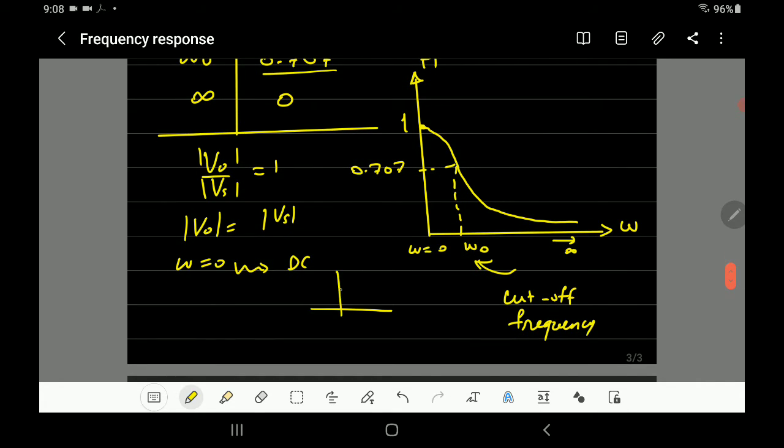So if you have an input equal to 12 volts, the output will be the same, 12 volts. So this circuit will allow DC to pass through and no attenuation happens to the amplitude. Great. And every time you have a signal with frequency higher than DC, the amplitude starts to decrease till you reach omega naught.